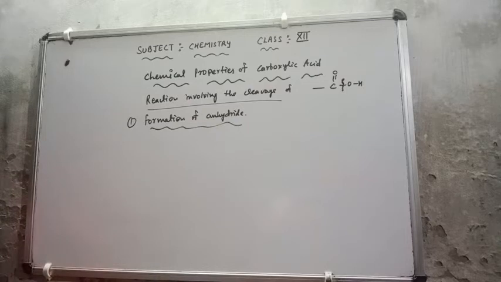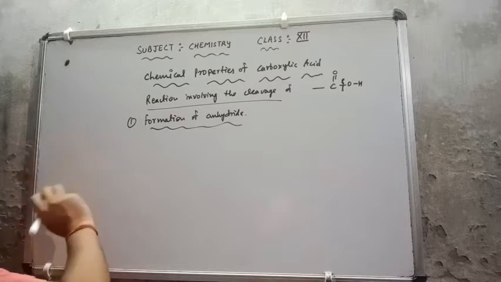During the formation of anhydride, carboxylic acid is heated in the presence of mineral acids like H2SO4 or P2O5. That means I will take here two molecules of carboxylic acid.